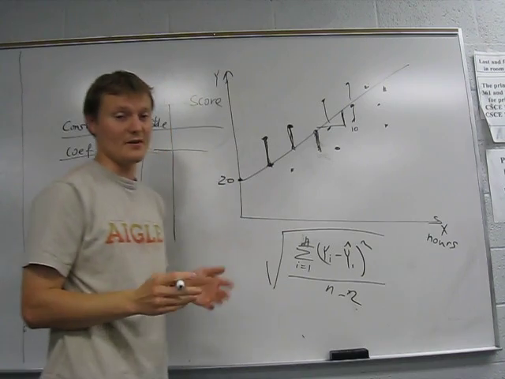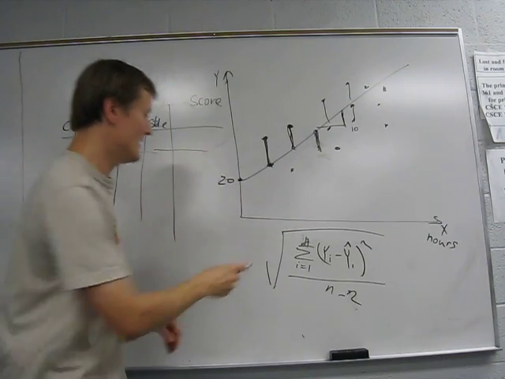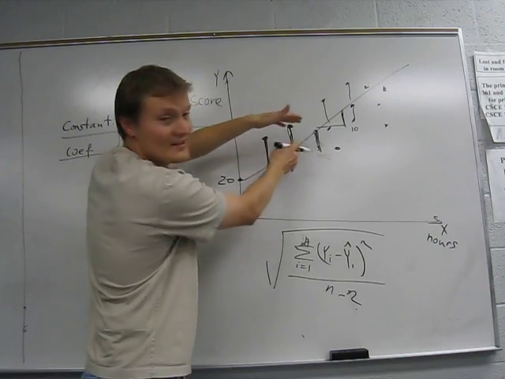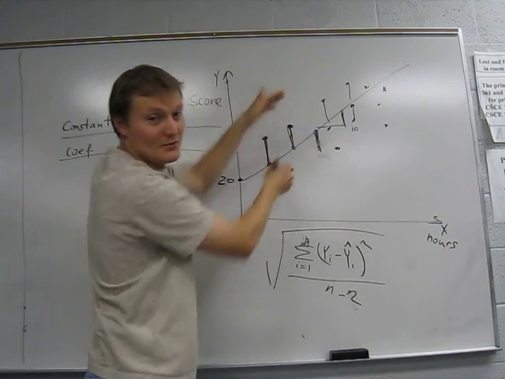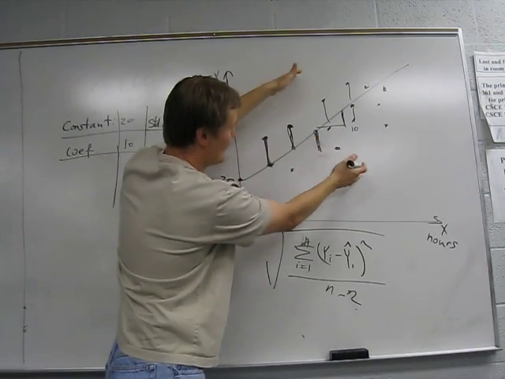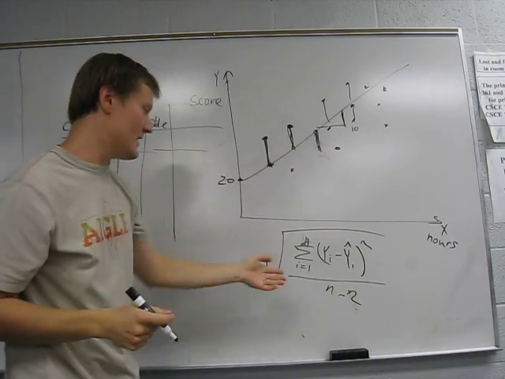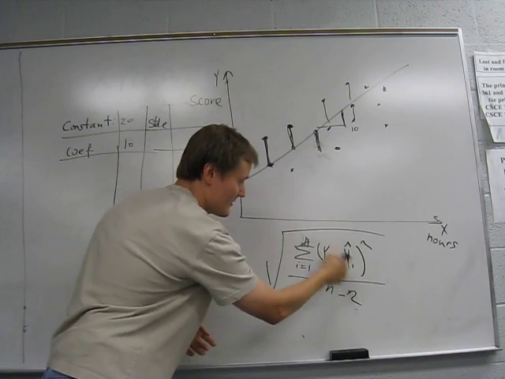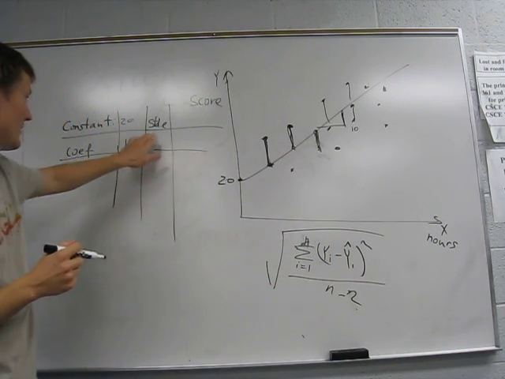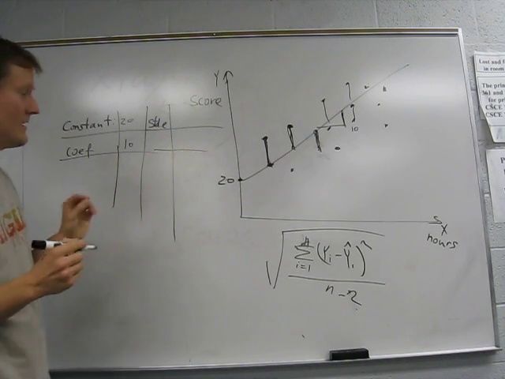So this is standard error. The key point here is that it depends on how closely the line fits our observations. If observations are really far out here, then the standard error would be large because this number would be large.